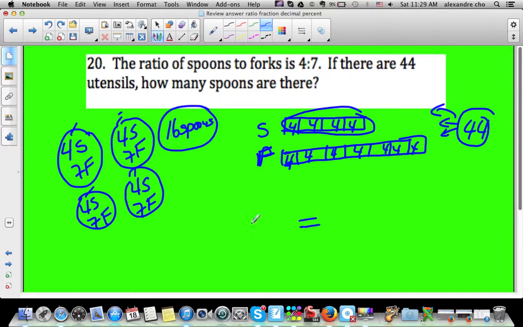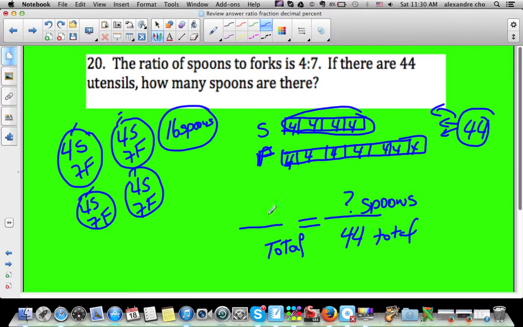Another one is to do a proportion. Let's see what we have. We want to know what happens when there's a total of 44. How many spoons? That's our question. On the other side, we have to match it. The bottom number has to be a total, and the top number has to be about spoons. Always has to match side by side.